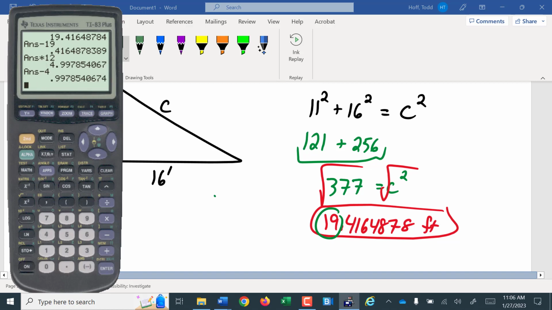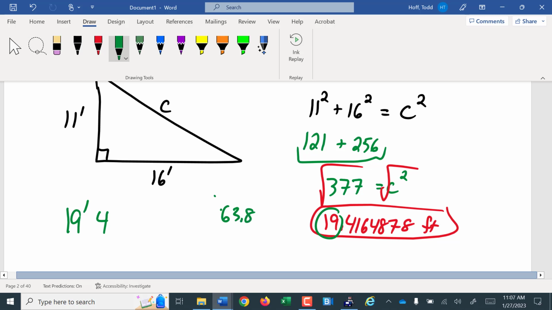Because on a tape measure, you don't have 0.999 or 998 inches either. We've got to figure out what unit we're going to, whether it's a 16th, a 32nd, or a 64th. You guys are going to do some precision measurement, so we're going to go to a 64th. So if we're going to a 64th of an inch, we would multiply this decimal by 64, giving us 63.86 64ths.